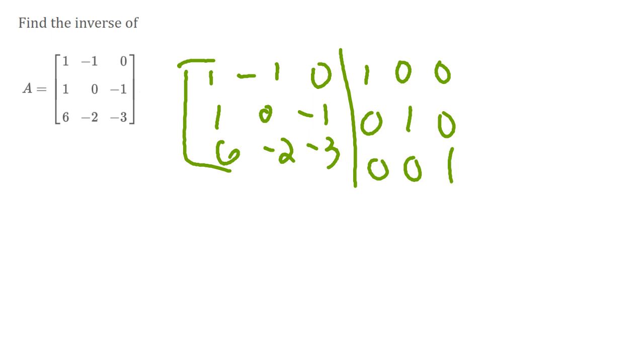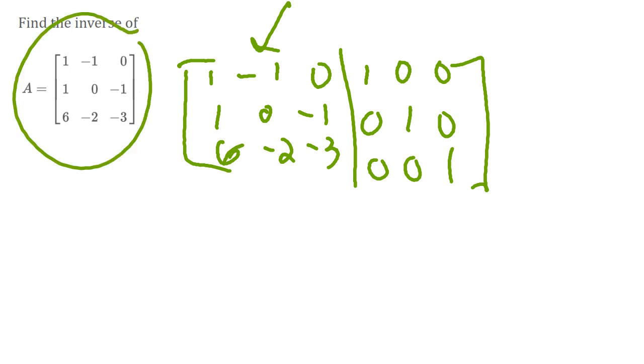And then use the row operation so that you can change this side to the identity, and then the right side would be your inverse. Or if you're able to use a calculator, then you can enter this into the calculator.